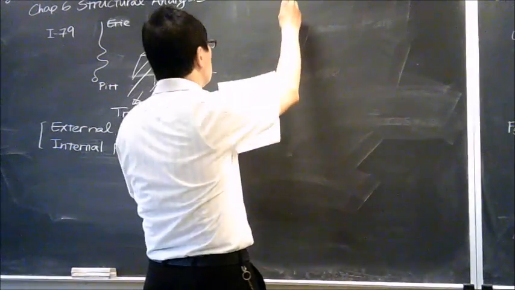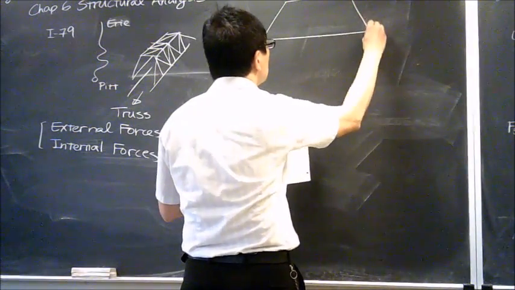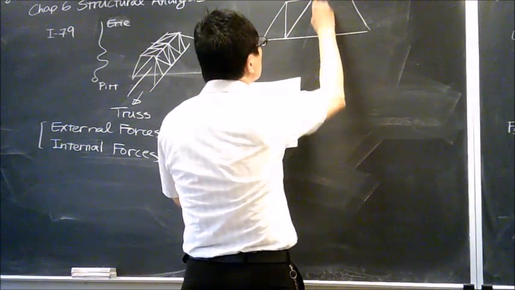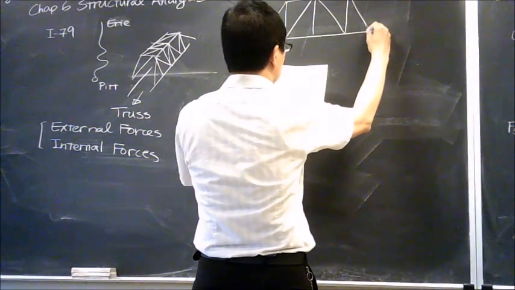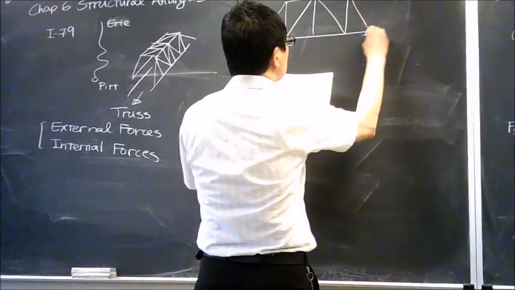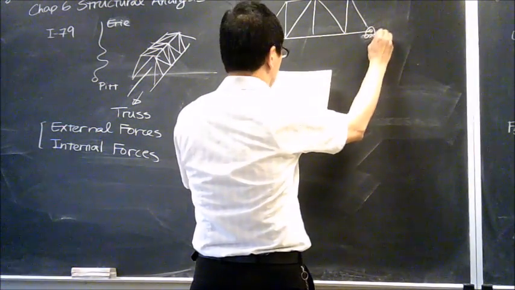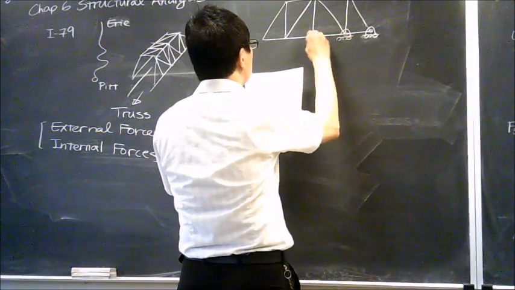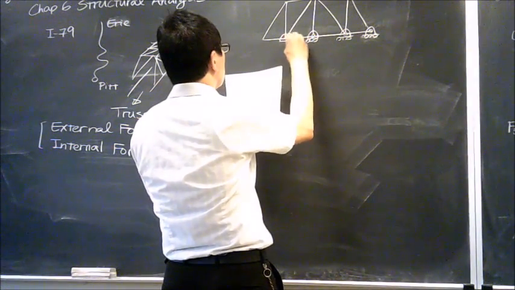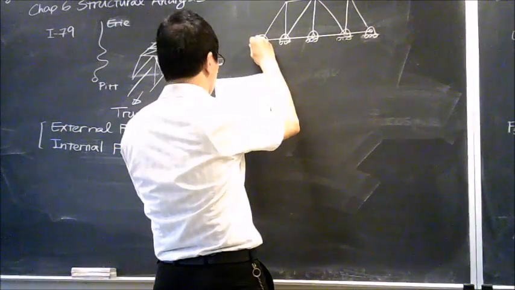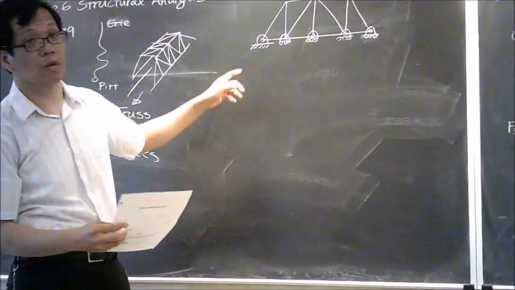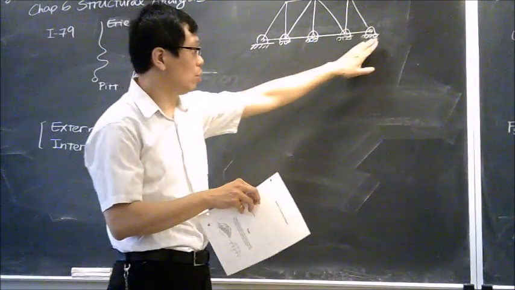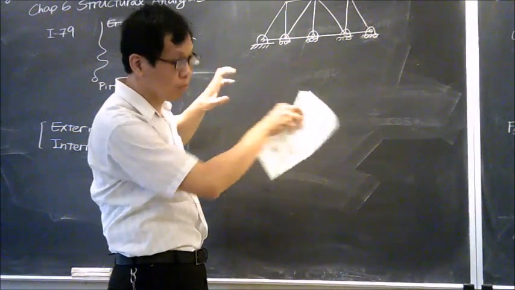For instance, most likely, if it's a bridge, it's going to be something like this, because the ground surface might be moving a little bit, so we don't want to fix the end over here because it might destroy the whole structure.